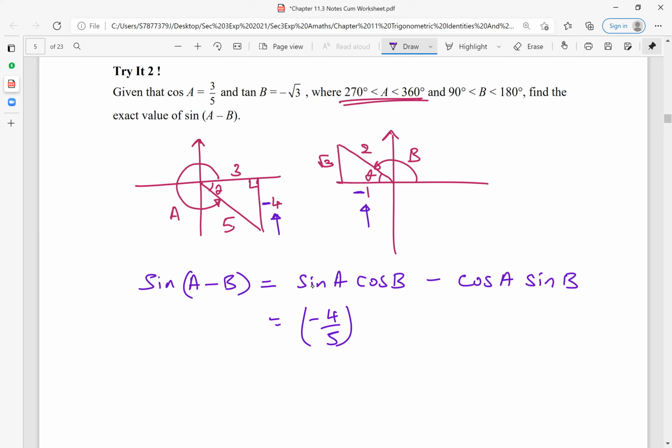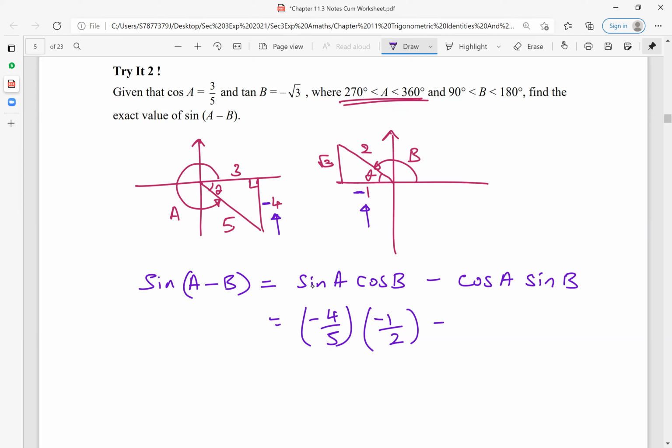Cosine B. Ryan? Negative 1 over 2. Negative 1 over 2, huh? Do you know why it is negative 1 over 2? Cos got the negative. Yeah, it's on the left-hand side of your x-axis. Then cosine A, someone else?